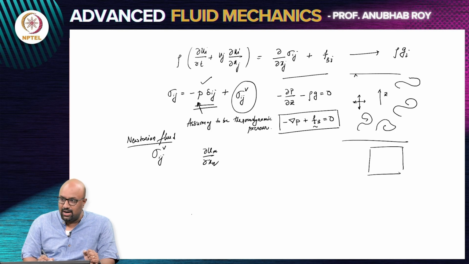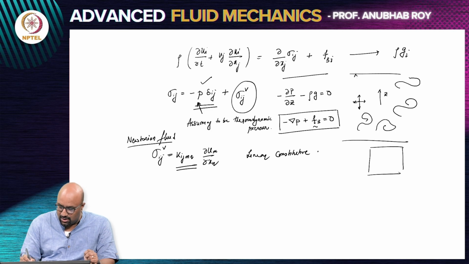And to be tensorially consistent, we realize that this relationship of linearity will have a constant of proportionality that is a fourth order tensor. So, the Newtonian fluid is where we are doing a linear constitutive model.